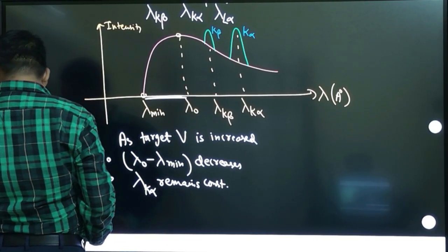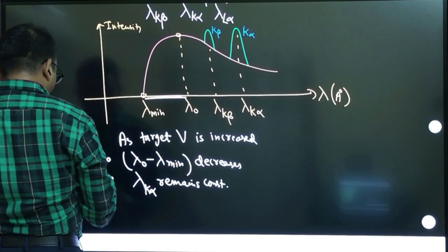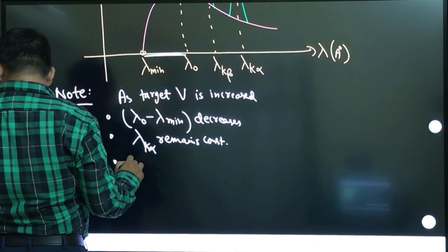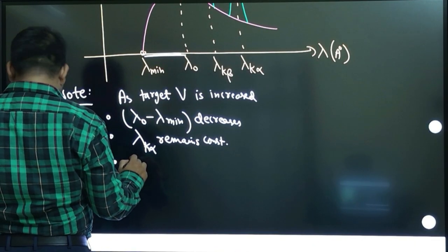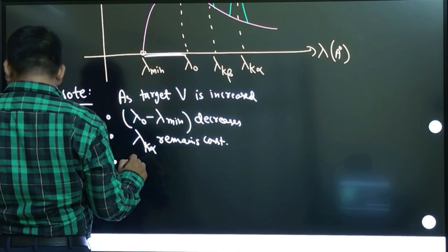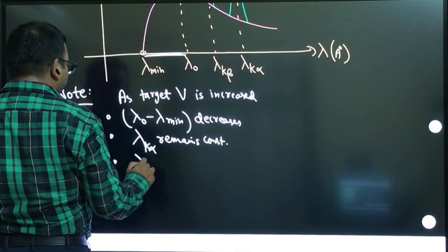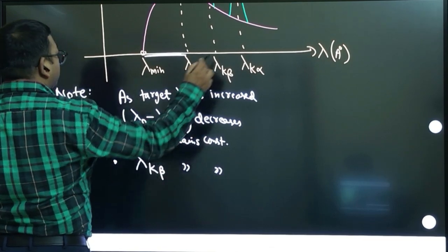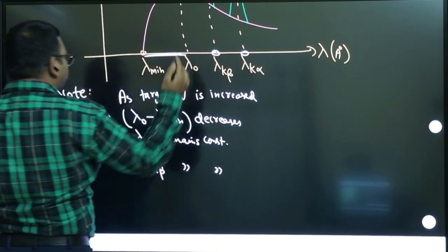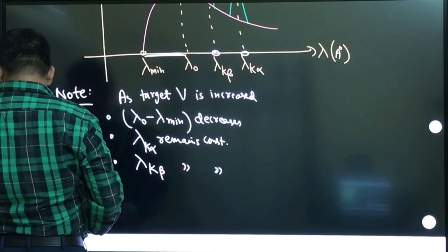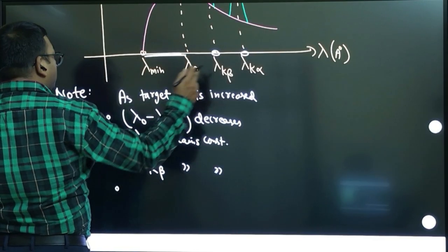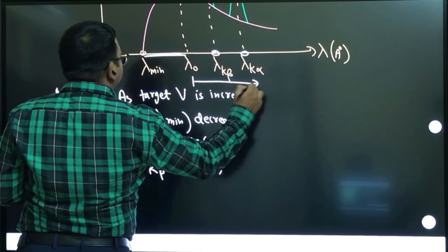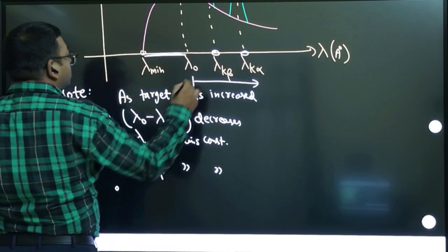But what is important to note is that the difference between K alpha line and K beta line also, because K alpha remains constant, K beta also remains constant. So their difference will not change because these are characteristic. Then, difference between K alpha and lambda naught, this increases.